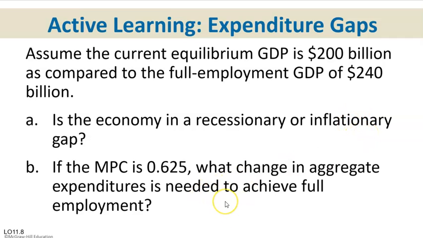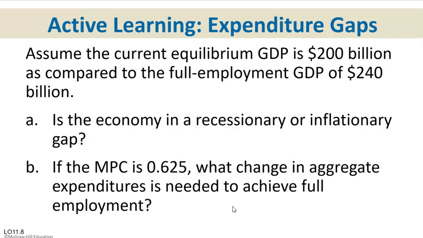And then use the formula I gave you a little bit ago to figure out what change in aggregate expenditures is needed to fix the problem. So you're going to find the GDP gap from the problem. You're going to find the multiplier. You're given the MPC. Remember how to solve for the multiplier. And then solve for the expenditure gap, and you'll get your answer.